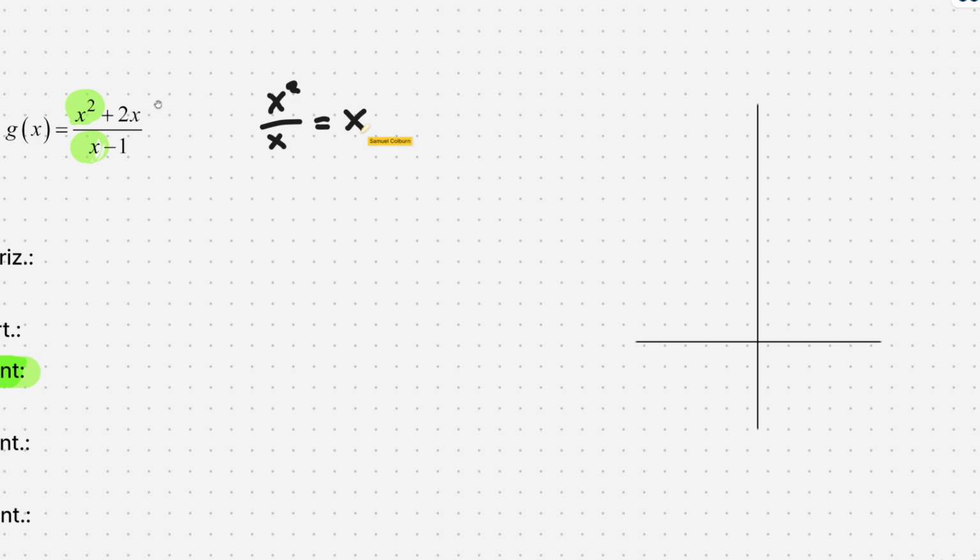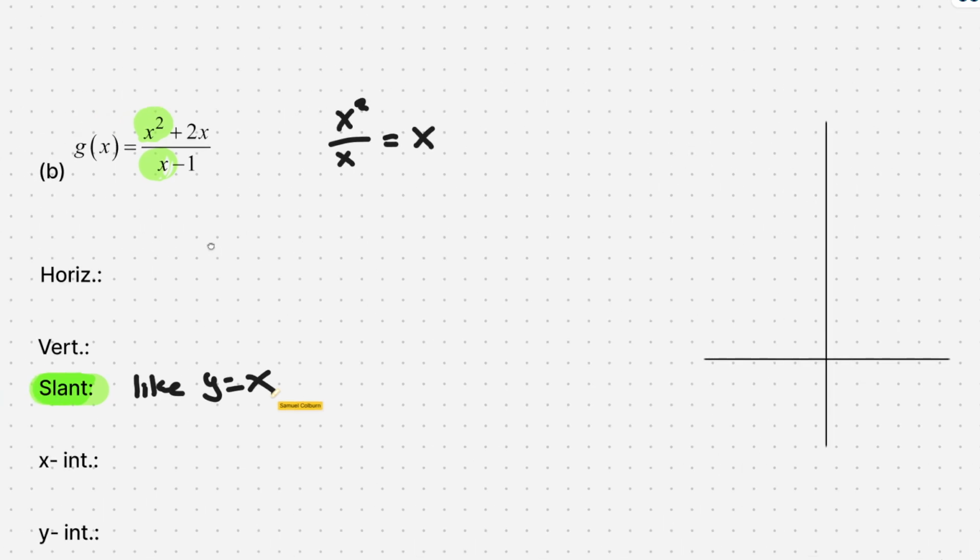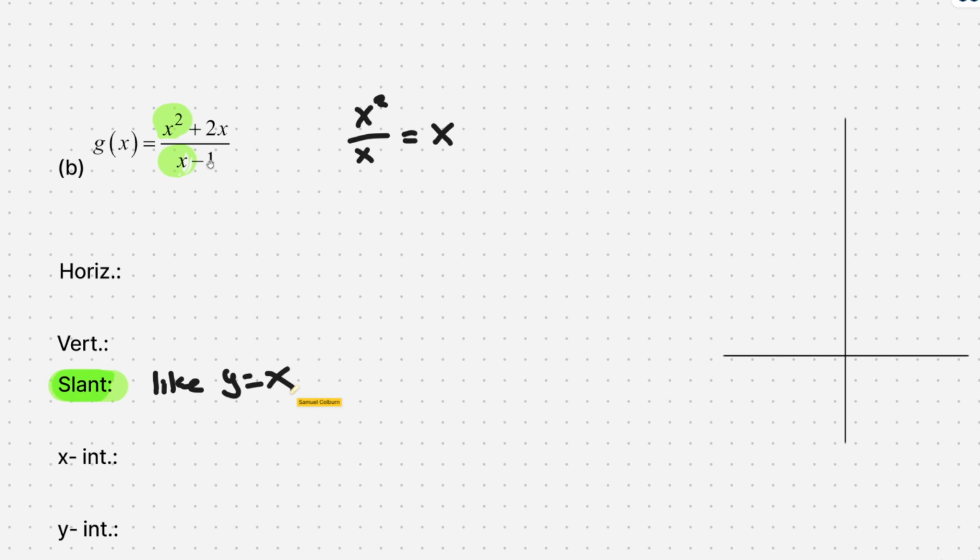And so you get a slant asymptote, meaning an asymptote that isn't vertical, isn't horizontal, but rather follows a diagonal path of y equals x across the graph. Maybe you want to look at this on Desmos if you're curious, or we'll talk about it later in class.